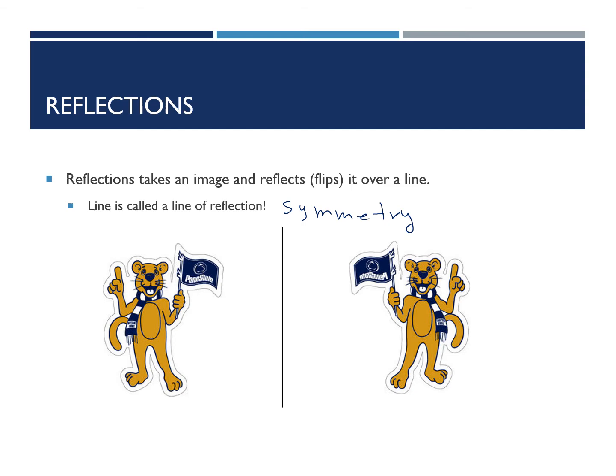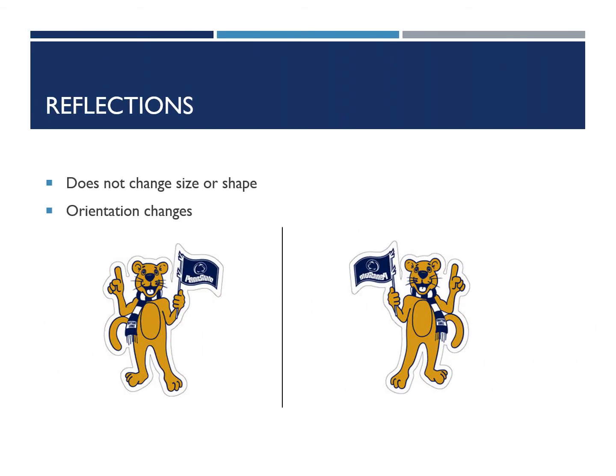With a reflection, it does not change its size or its shape, but its orientation changes. Notice that Penn State is written backwards and that the number 1 is held up on opposite sides.